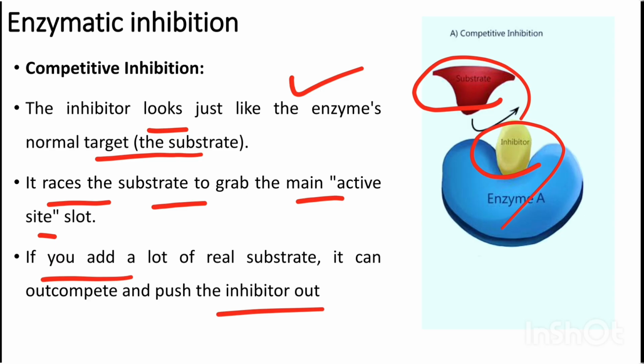So we can overcome this type of inhibition by adding more substrate to the system. A famous example of competitive inhibition is malonic acid blocking succinate dehydrogenase during the Krebs cycle of the respiration process.